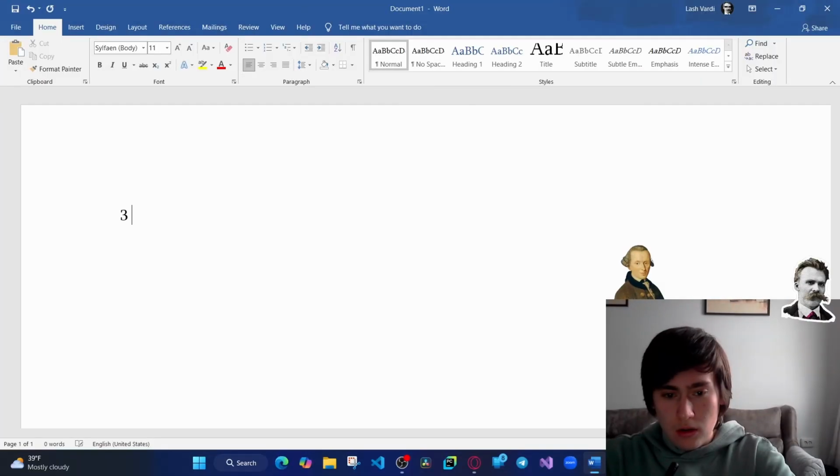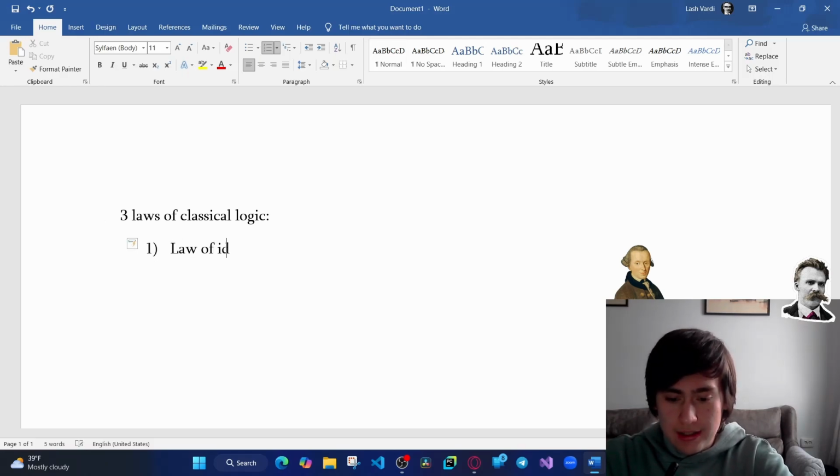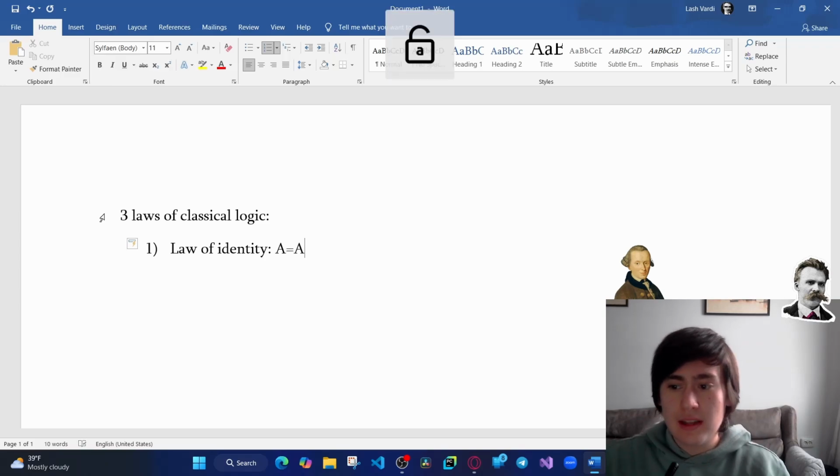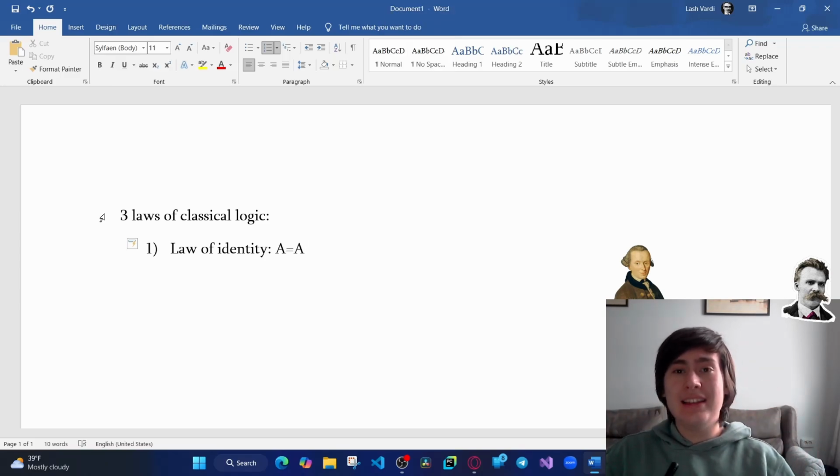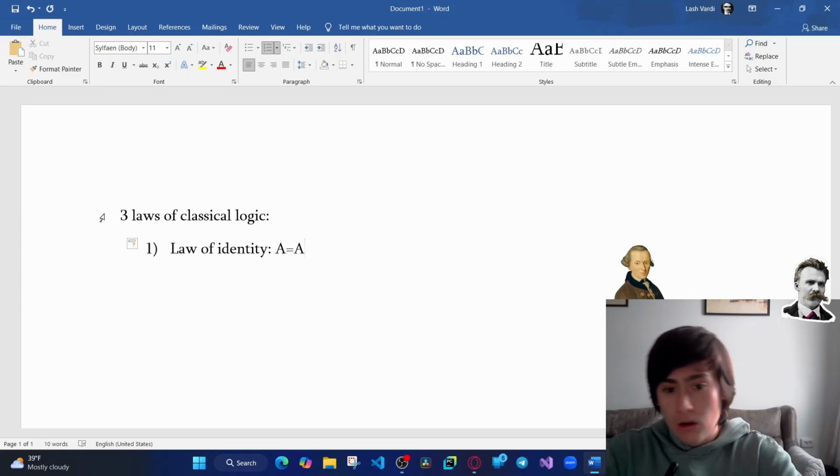Before we enter non-classical logic, I have to tell you three laws of classical logic. First is law of identity. This means that anything is identical to itself. If something is true, then it's true.